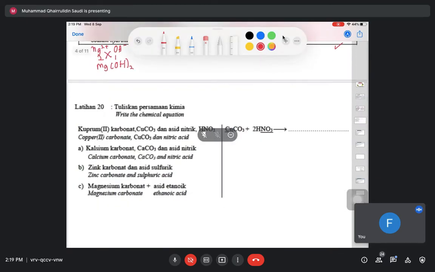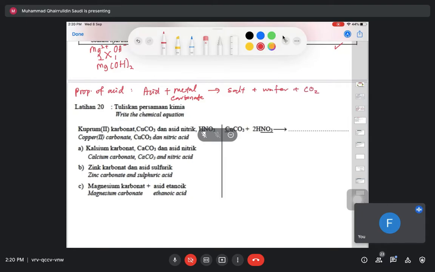Again, chemical equation. This one is the properties of acid. When acid reacts with metal carbonate, what are the products?